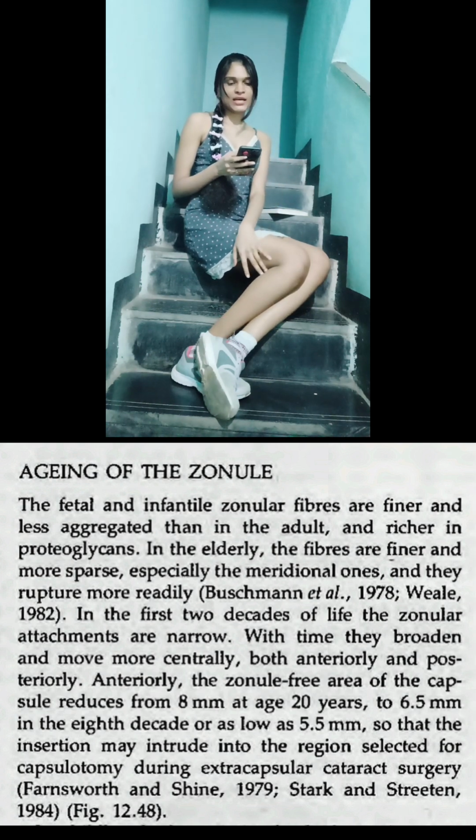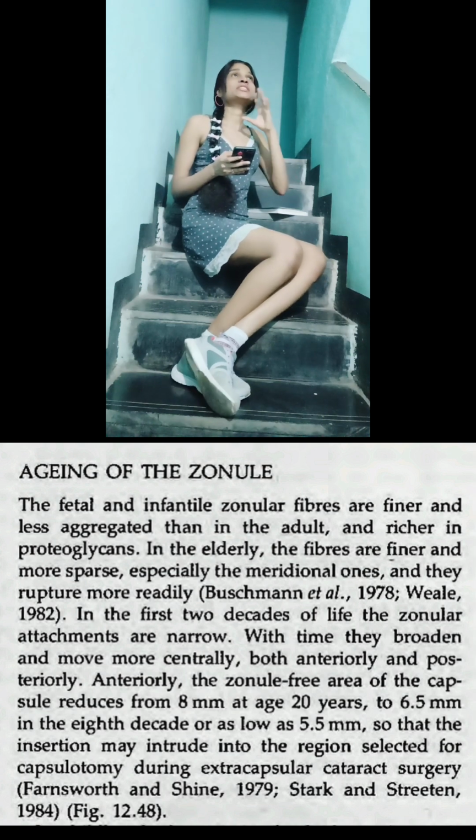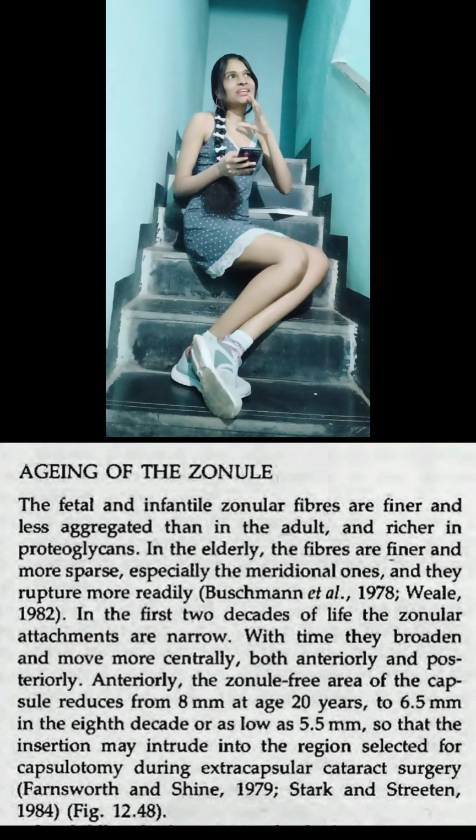So what they are saying is that in the first 2 decades of life, the insertion of the zonules on the lens capsule is like a narrow band, but it extends anteriorly, posteriorly and centrally with time, and sometimes can reach up to the 5.5 mm margin of the lens capsule anteriorly, leaving the 5.5 mm central area of the lens zonule-insertion free.